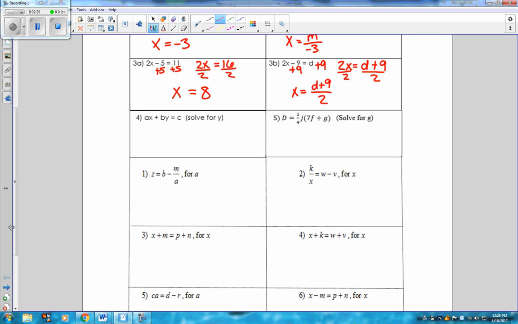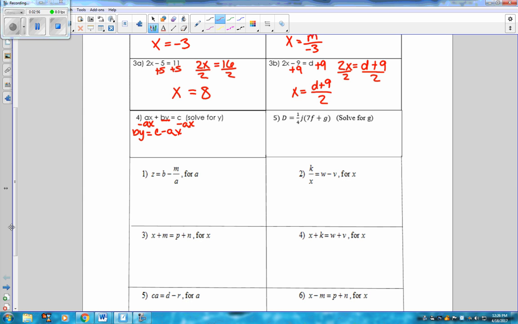Alright, problem 4 is ax plus by equals c. And it says solve for y. To solve for y, I have to isolate my y. So to do that, I'm going to subtract ax from both sides. Now, ax and c are not like terms, so I have to leave it as by is equal to c minus ax.